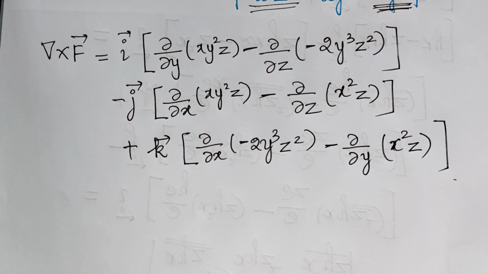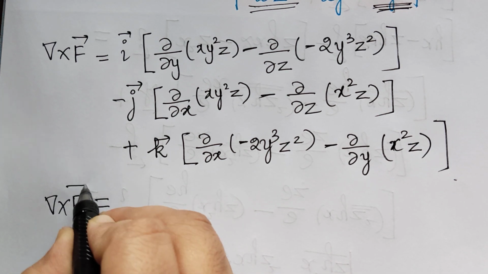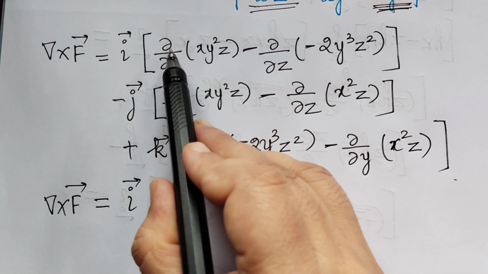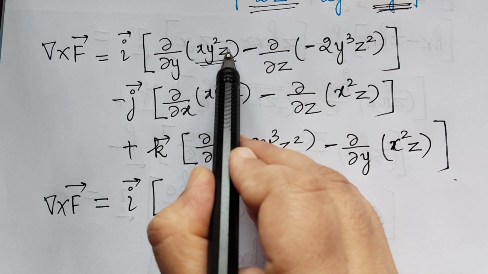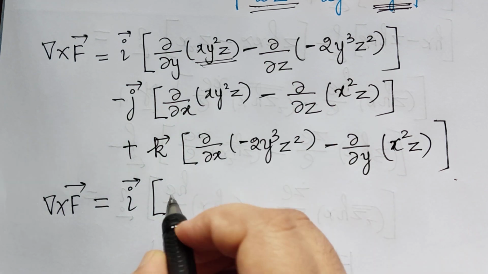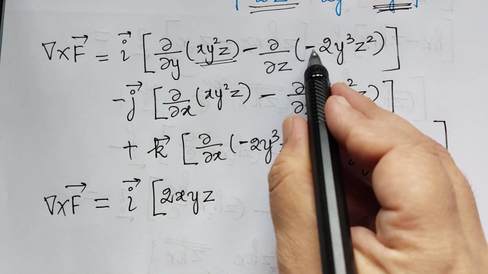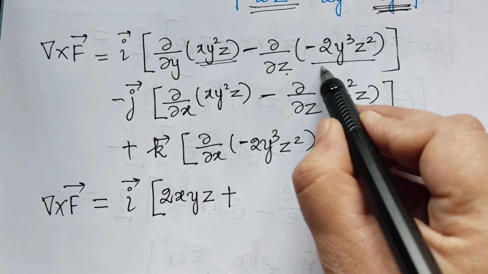Now we shall evaluate this. So nabla cross f vector will be equal to i vector multiplied with, what is partial differentiation of this with respect to y? x and z will become constants. So this is 2xyz. And then minus into minus will become plus. And the partial differentiation of this with respect to z.